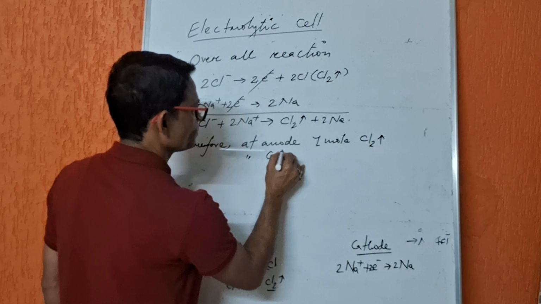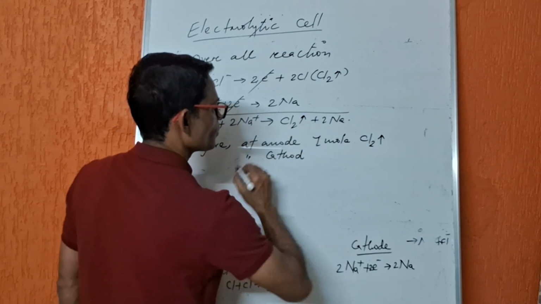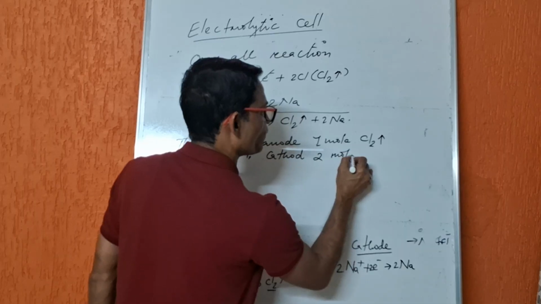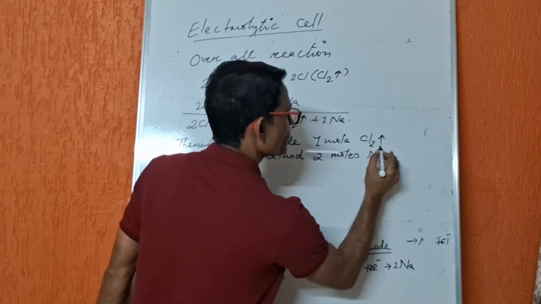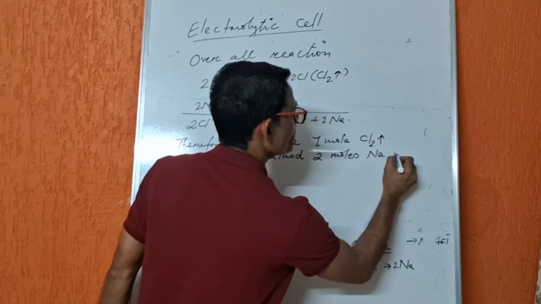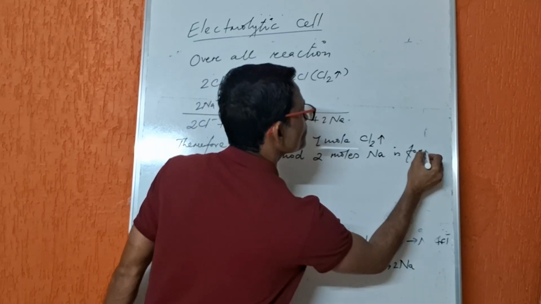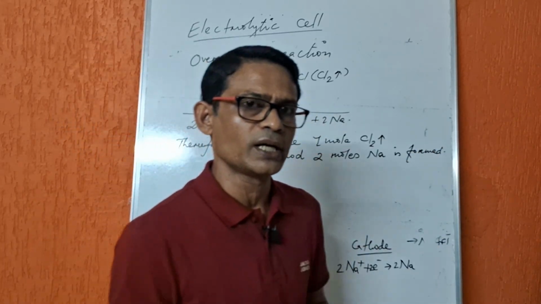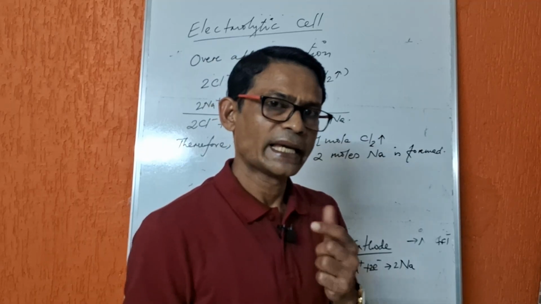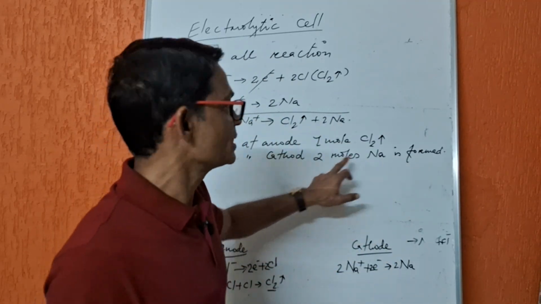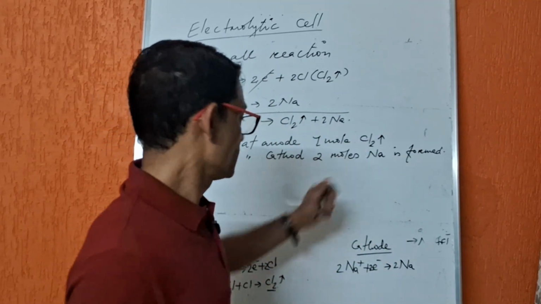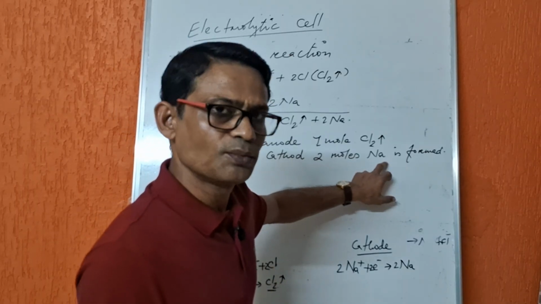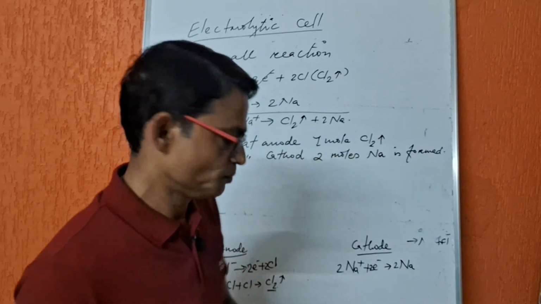At cathode 2 moles of Na is formed. So the electrolysis of molten sodium chloride gives Cl2 at anode and sodium atom at cathode.